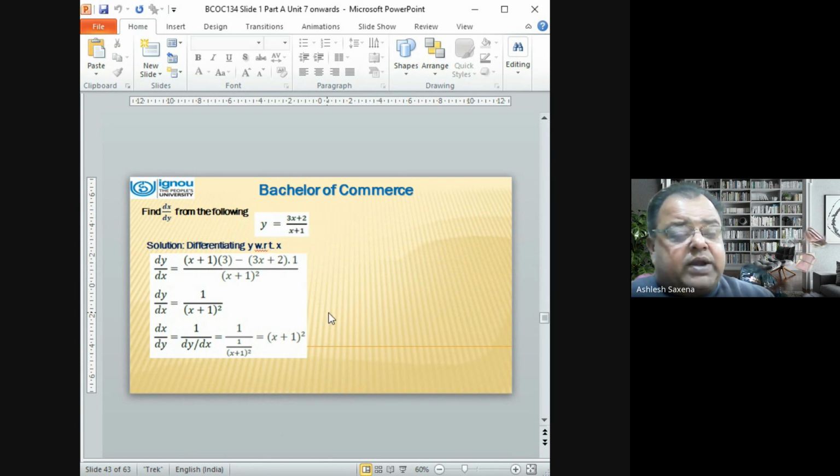We will open it up, we will get this. But we have to find dx by dy, thus reciprocate. This power will come in the numerator, and your answer will be x plus 1 raised to the power 2.